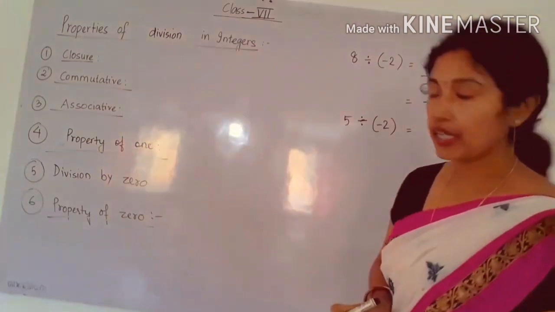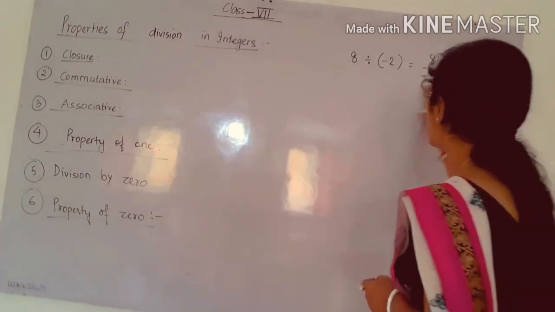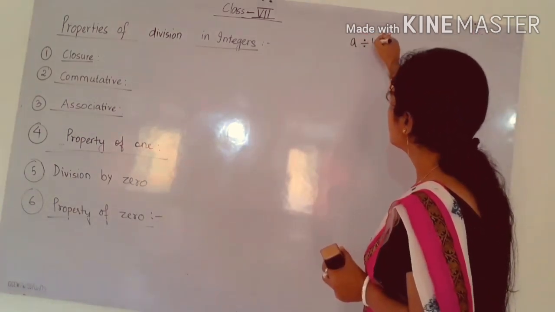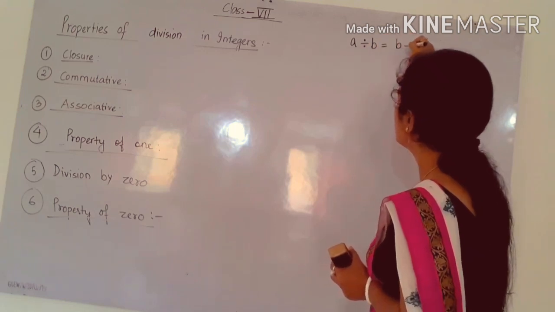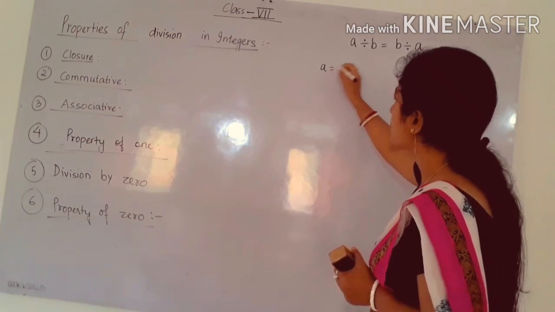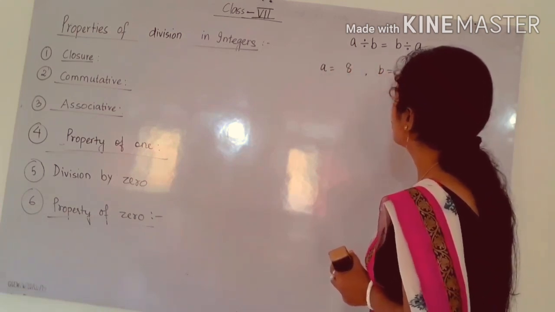So the next property, number 2, is the commutative property. In the commutative property, again we have to check whether A divided by B is equal to B divided by A or not. By taking any example, suppose I take A as 8 and B as 4.